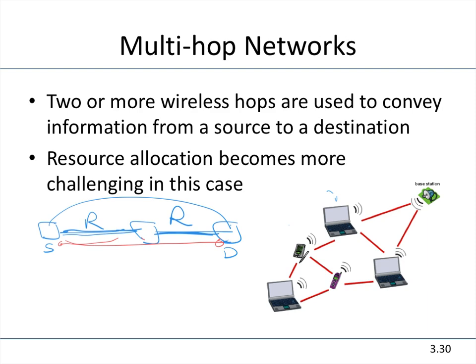What about wireless? If I have a wireless link here and a wireless link here, assuming on this link I can achieve a rate of R, and on the other link I can also achieve a rate of R. What if I do this? What is the rate?